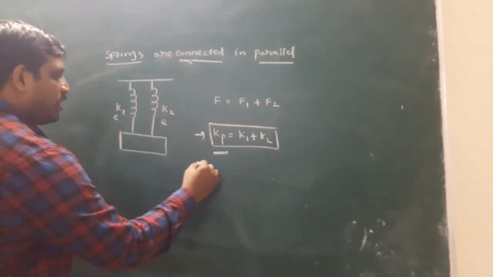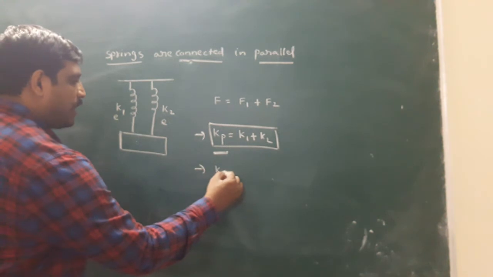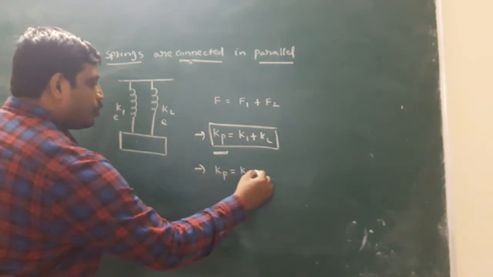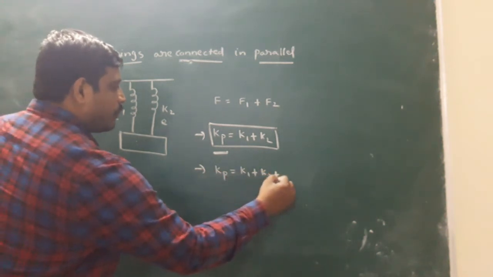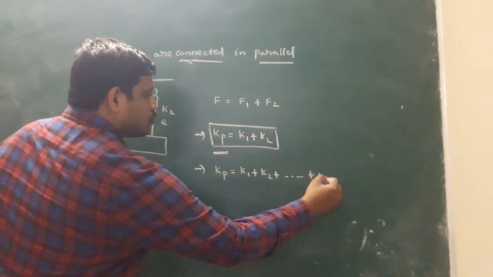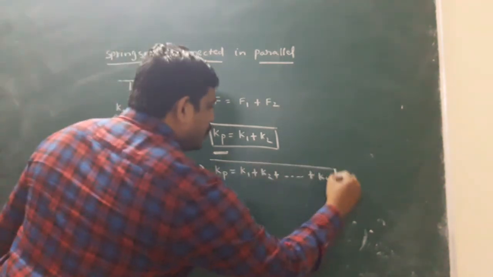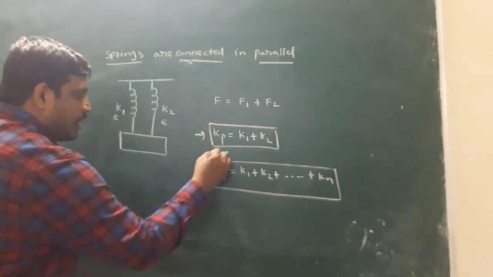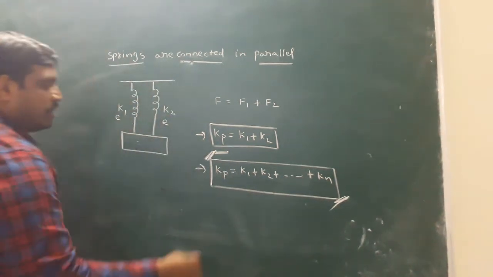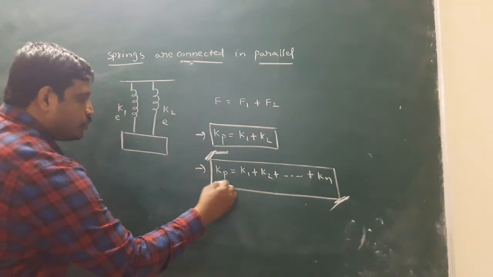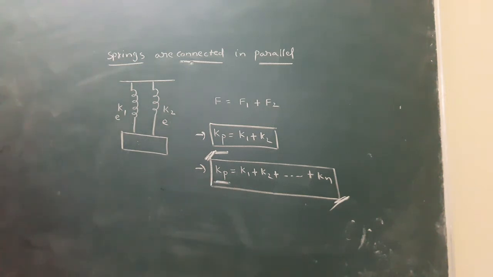If n springs are connected in parallel, Kp equal to K1 plus K2 and so on up to Kn. This formula is for n springs connected in parallel. Effective spring constant in parallel combination is written as K1 plus K2 and so on Kn.